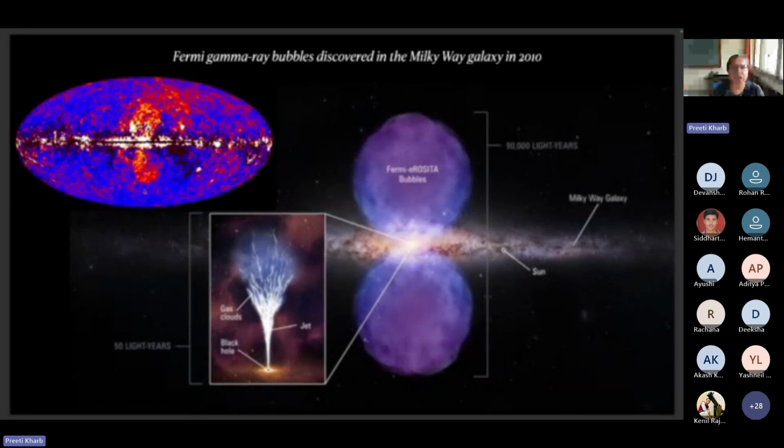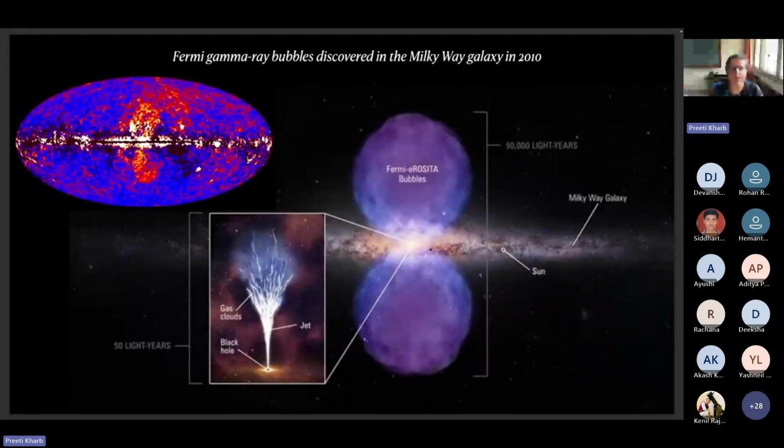One way to explain the existence of Fermi bubbles, shown here on the right side, is that at some point maybe the black hole in our own galaxy was active, and it probably created some kind of a jet, and these jets are responsible for the gamma ray emission that we see even now above and below the galactic disk.